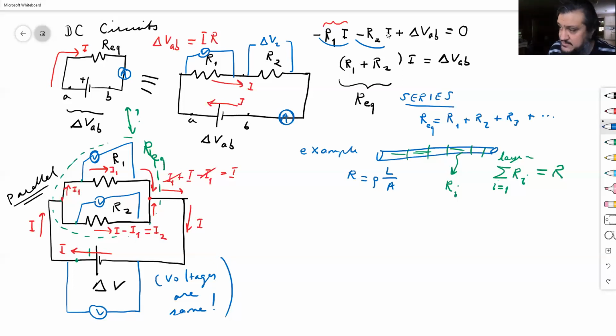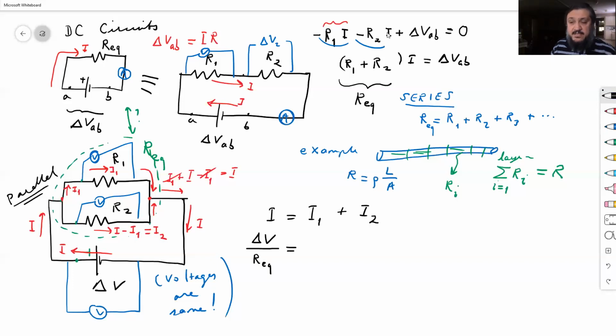All right, so here's how you add them. I is equal to I1 plus I2. Now, the total current, if I want to write it in terms of delta V, I need to divide delta V by this combination, which I called REQ.